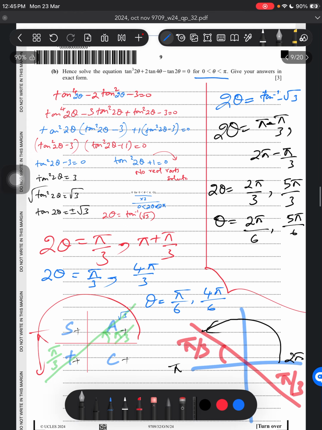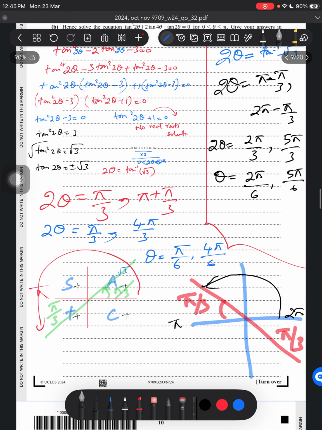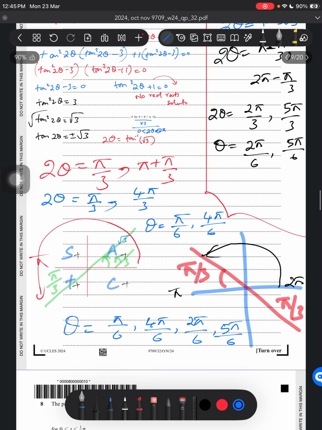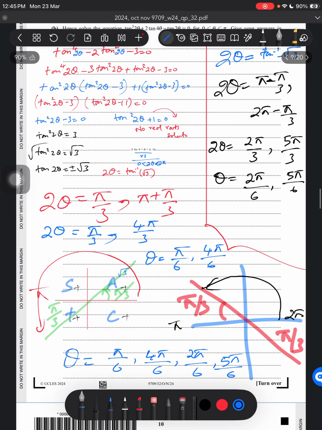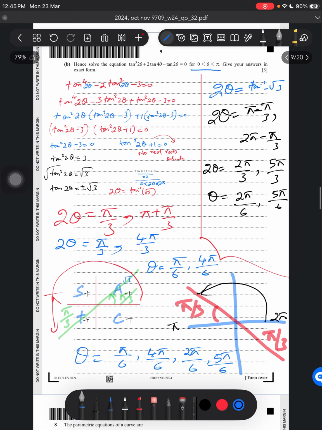So two values from here, two values from here, so we will say that theta would be equal to pi by 6, 4 pi by 6, 2 pi by 6, and 5 pi by 6. We can also simplify these values, but that's also fine. So that was part B of question number 7. I hope it was useful. Thank you.